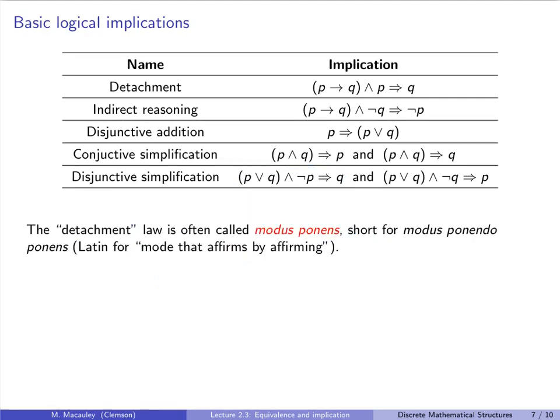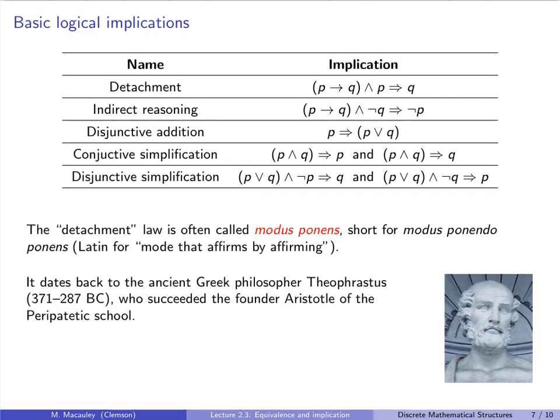The detachment law, the first one above, is often called Modus Ponens, which is short for Modus Ponendo Ponens, which is Latin for mode that affirms by affirming. It actually dates all the way back to the ancient Greek philosopher Theophrastus, who lived from 371 to 287 BC, and he was the one who succeeded the founder, Aristotle, of the Peripatetic school.